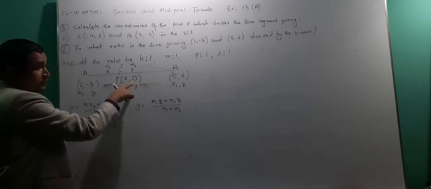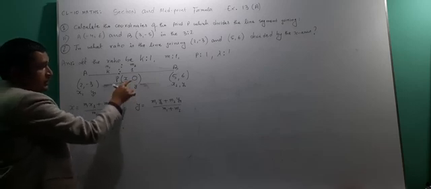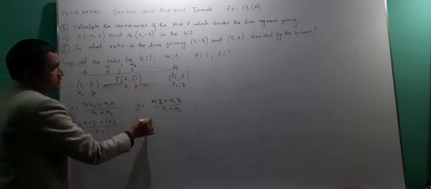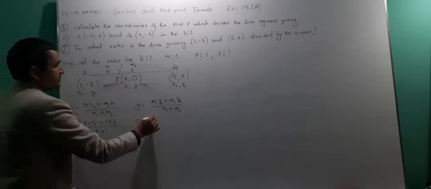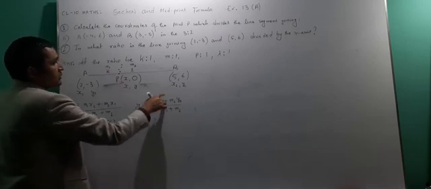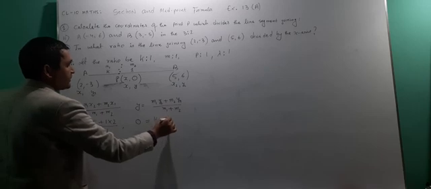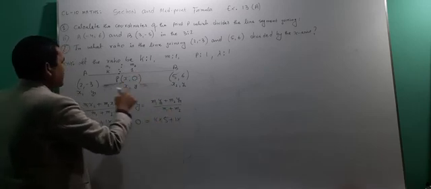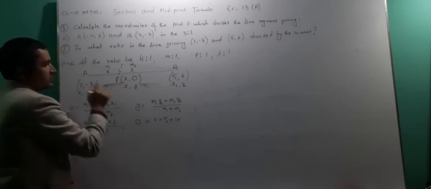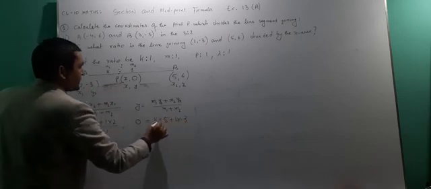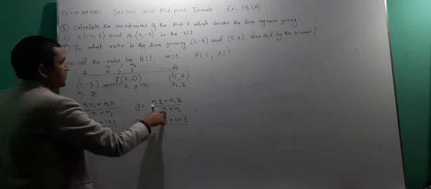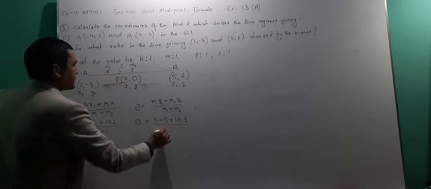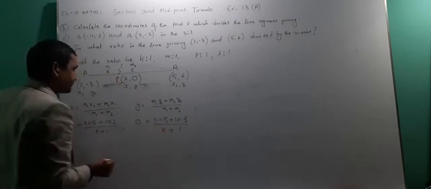Similarly, what is the value of y? The value of y is 0. Then it equals m1, which is k, into y2, which is 5, plus m2, which is 1, into y1, which is minus 3, divided by m1 plus m2, which is k plus 1.